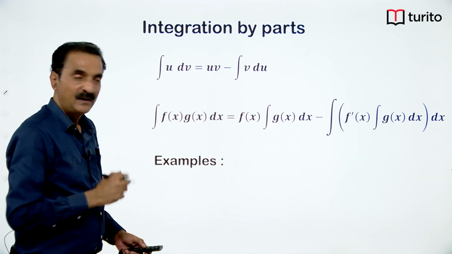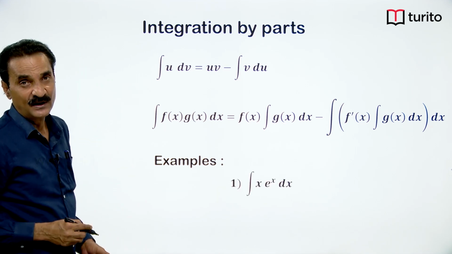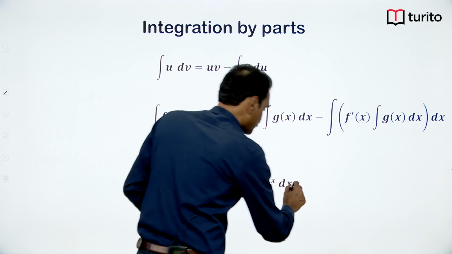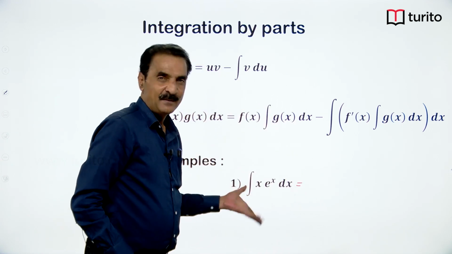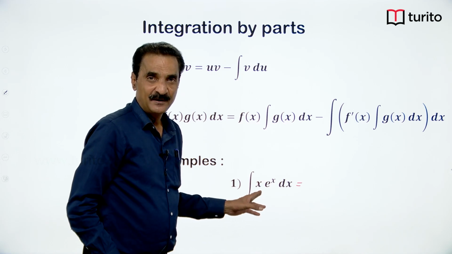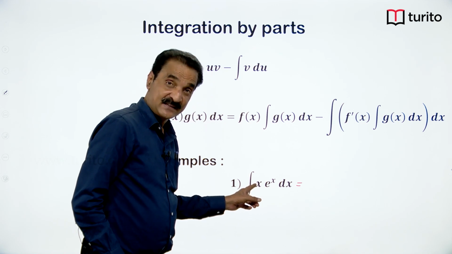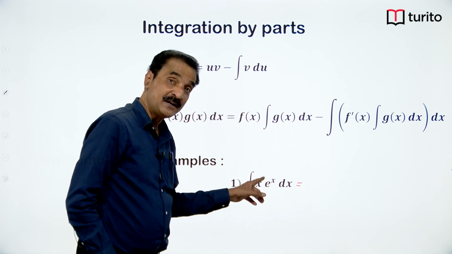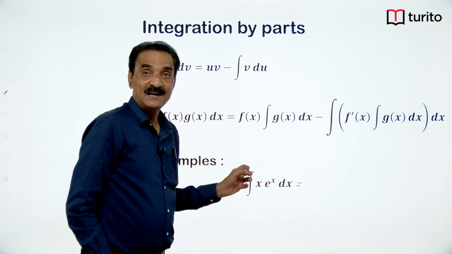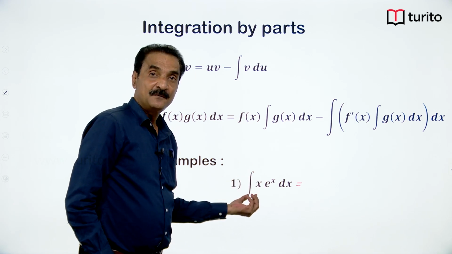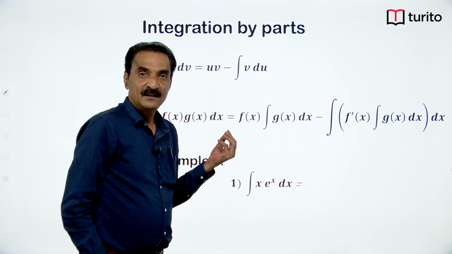Now, examples. One example we already did, that is integral x e power x. Here both x and e power x can be differentiated. And you know the integral of x, what is it, x square by 2, you know the integral of e power x. Which is preferable as second function? It is e power x, because when you integrate x, the power is increasing. Okay.